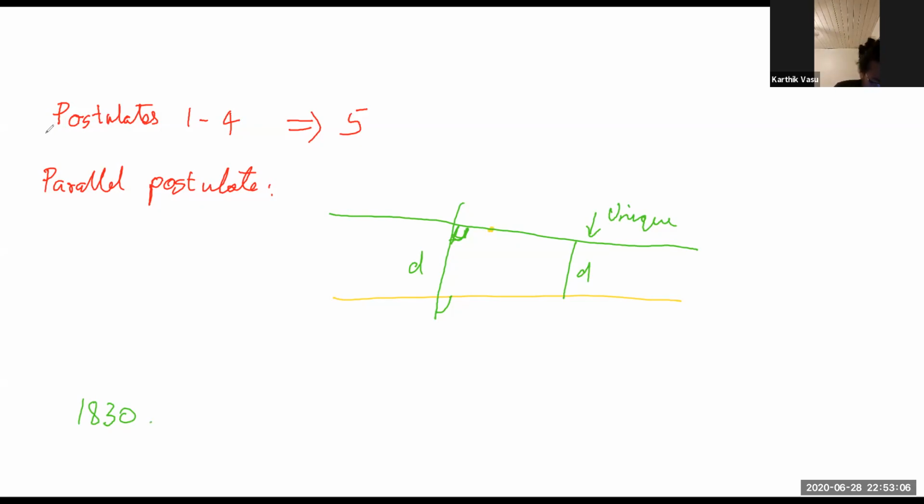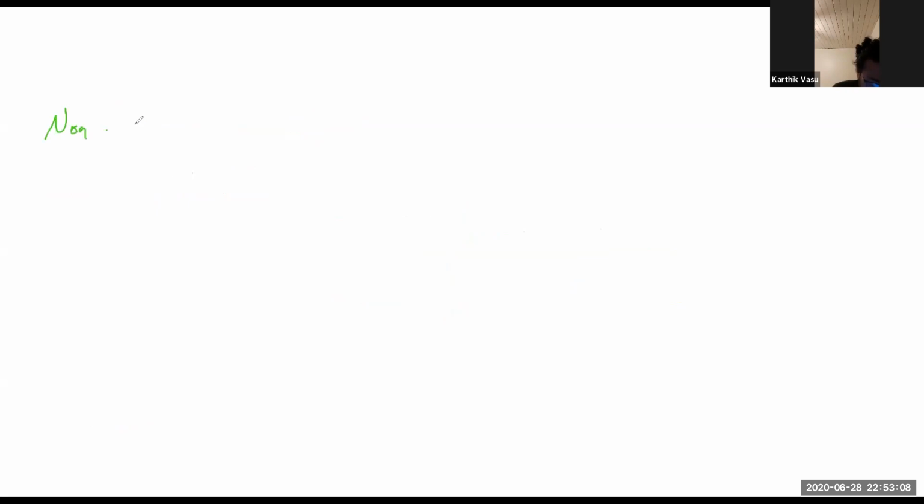So what is non-Euclidean geometry? This is a model which satisfies postulates 1 to 4.